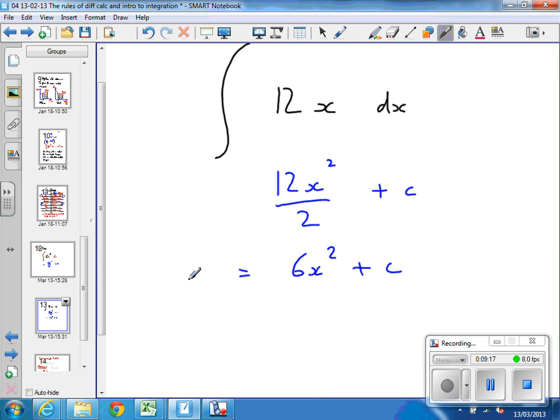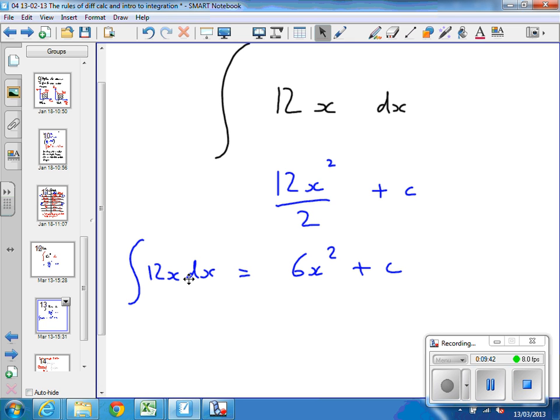Well, remember we talked about the area under a curve, so it might mean something like the work done or the speed or something like that. At this stage, we're not sure what this all means, so we just have to say the integral of 12x with respect to x is 6x squared plus c. That's sort of how you'd write it, okay?